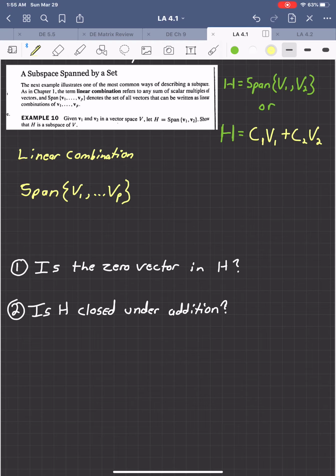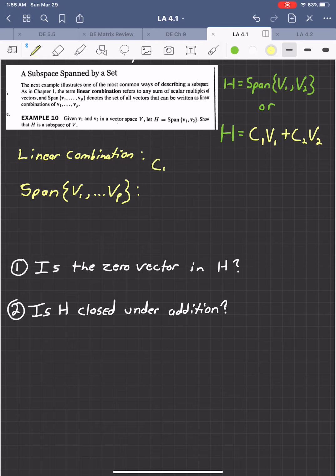Okay, so I've already discussed these with you, so I'm going to erase this as soon as I'm done, but really quickly, do you remember linear combinations? A linear combination is just the sum of scalar multiples of vectors, right?